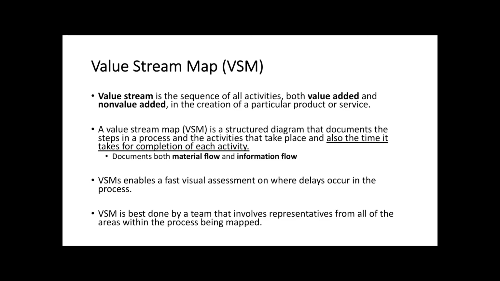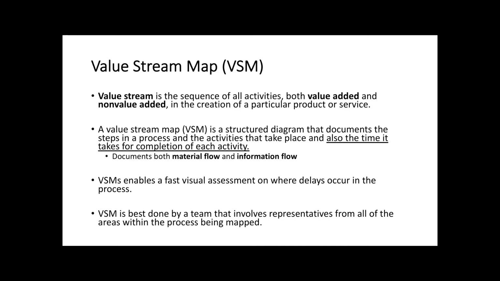Usually value stream maps are done by a team and not just individually. If you are hired to work in a consulting company, or you're a consultant contracted to work for one, you have to set up a team of not only systems engineers and industrial engineers who have the analytical techniques, but also people in the problem context: a team of nurses, doctors, and technicians who are involved in the process.